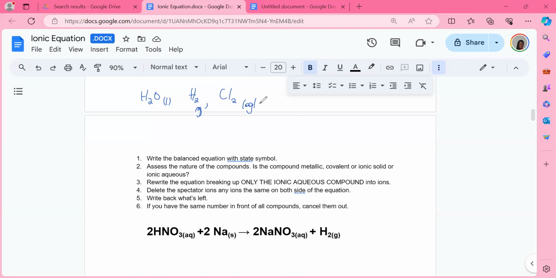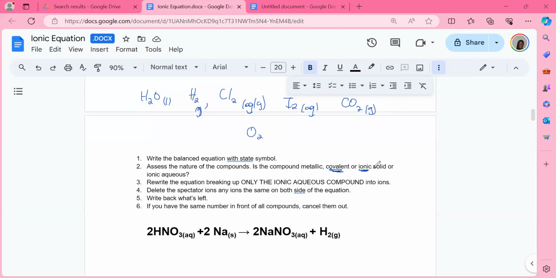So chlorine in whichever state is covalent. Iodine is covalent. We have carbon dioxide and oxygen gas, those are covalent substances, right?